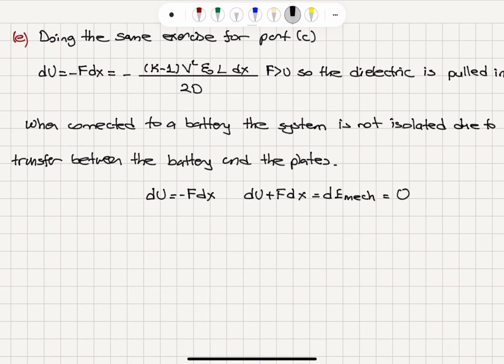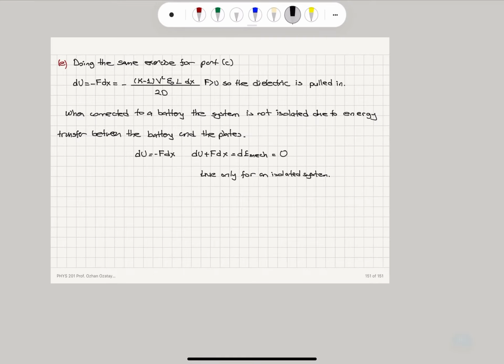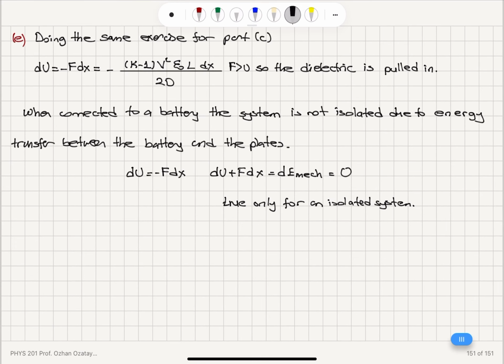But this is true only for an isolated system. This is not an isolated system when it is connected to the battery. It is connected to an energy reservoir in some sense.